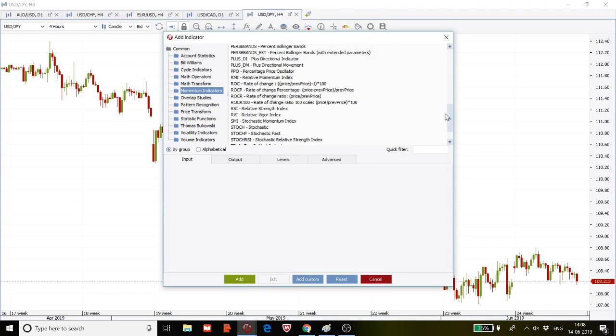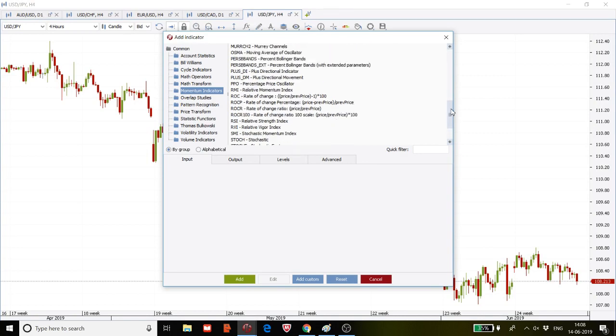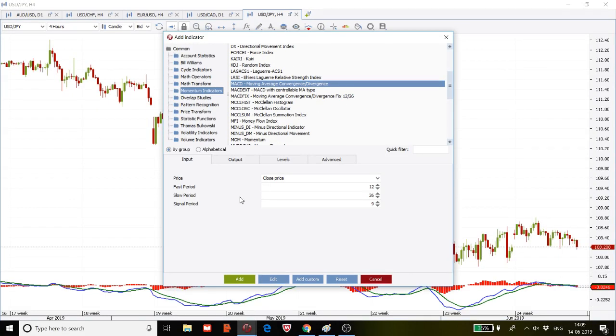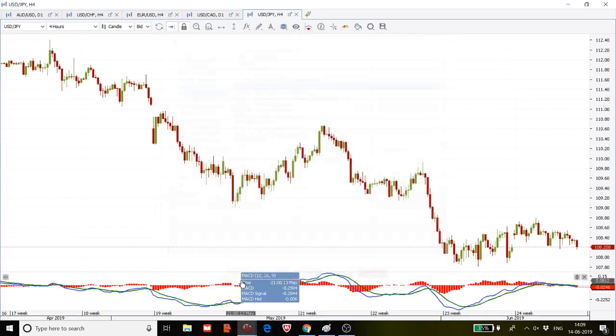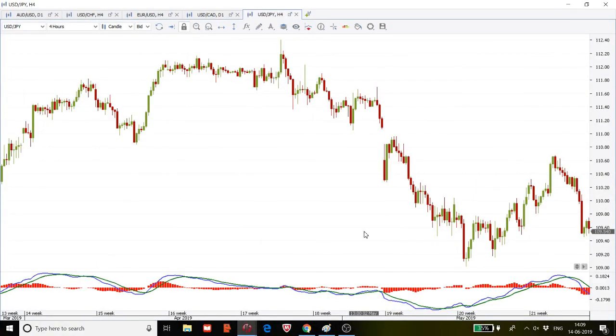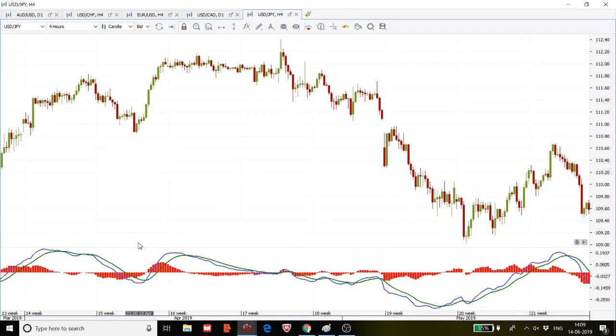Generally MACD works based on a higher time frame, so I will use it on the 4 hourly time frame. For those who use MACD, they are aware, and for those who do not, I will explain a little bit. It has three things: the histogram, the MACD line and the signal line.